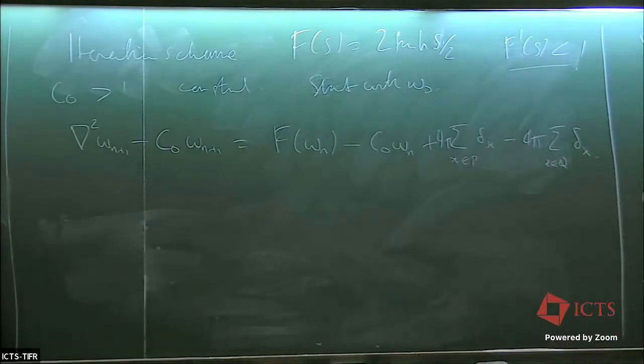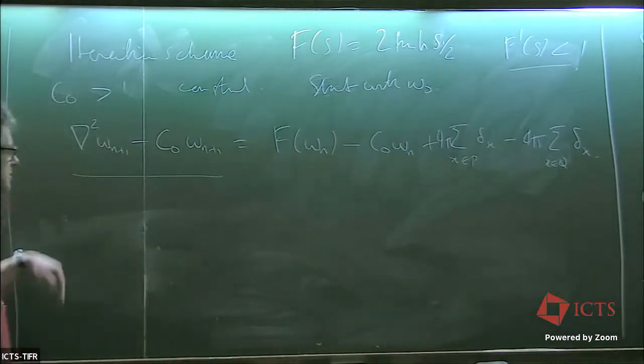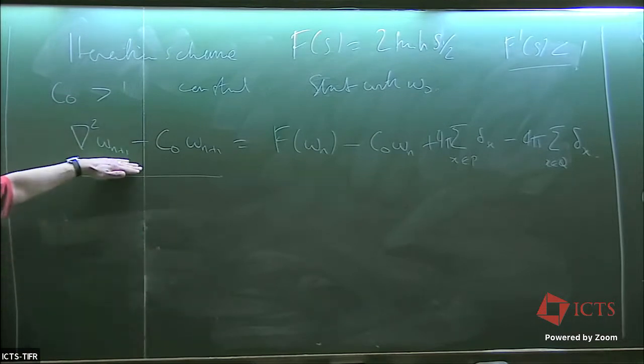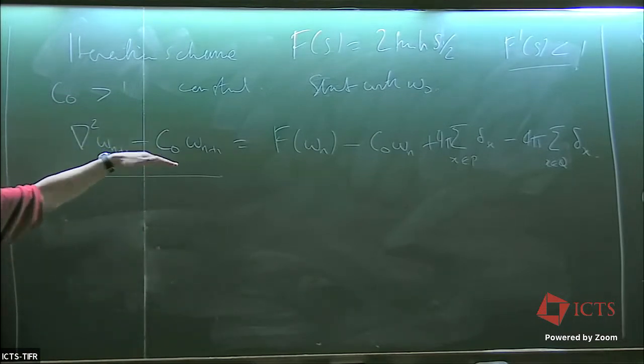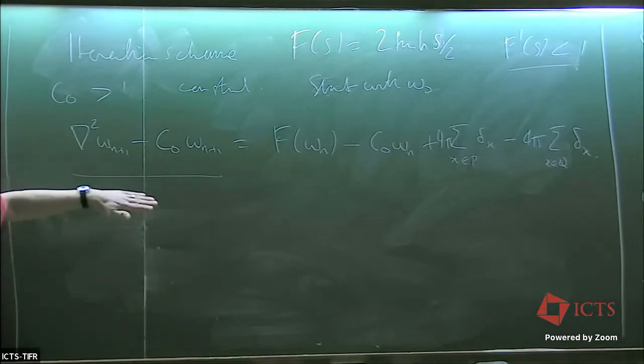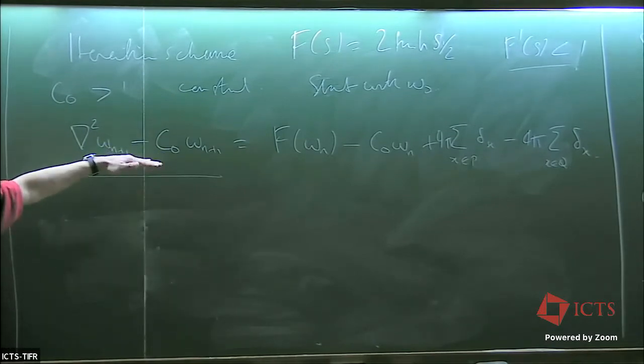Now, why is that a smart move? Well, the point is, this is now a linear inhomogeneous PDE for W n plus 1, right? So once we know W n, to get the next iterate, we're solving a linear PDE. There's loads of existence and regularity theory for such things. So this thing definitely exists, okay? So we know that given W n, we can definitely construct W n plus 1.